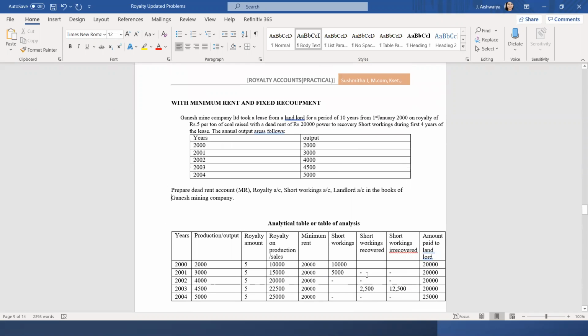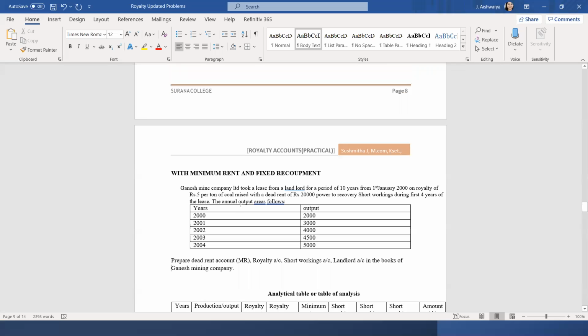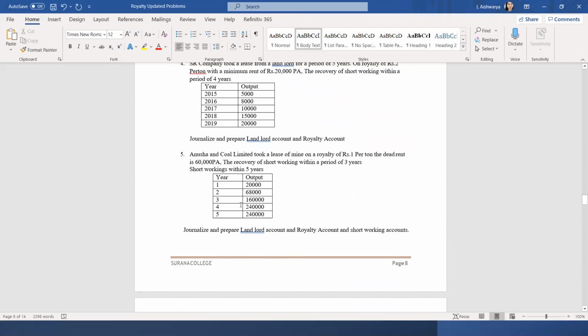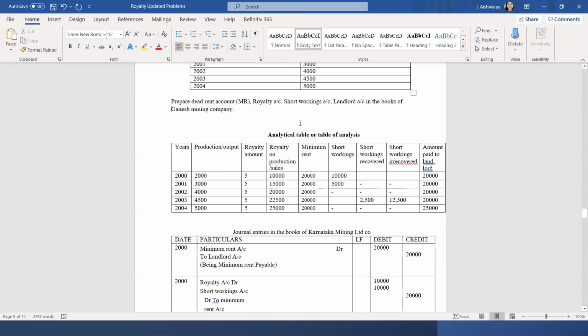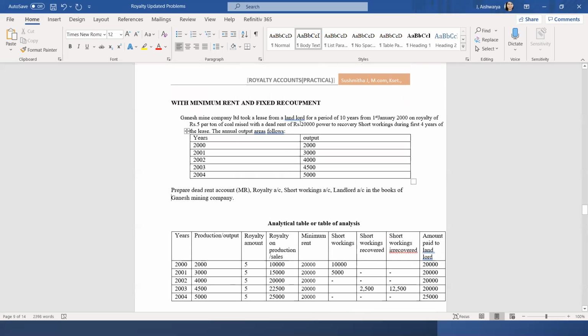Moreover, as I attended the orientation, they told us that they'll give only without minimum rent. But we cannot trust Bangalore University, they'll do a miracle and give whatever they want.